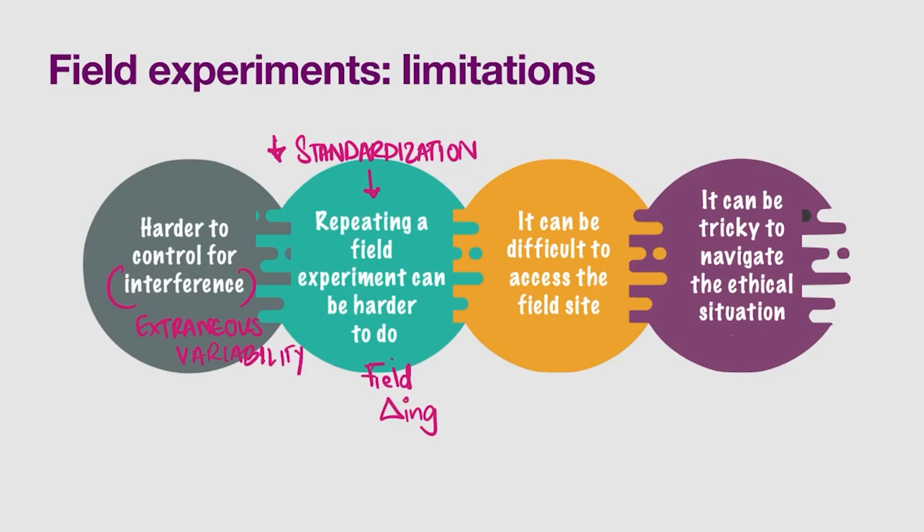So when the field is changing, and this triangle here is a delta which represents change, repeating an experiment and trying to get the same results can also be different, right? So it can be difficult, rather.